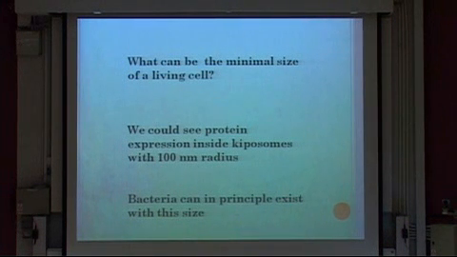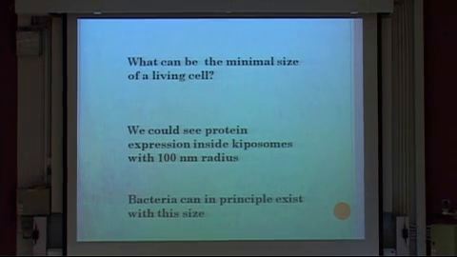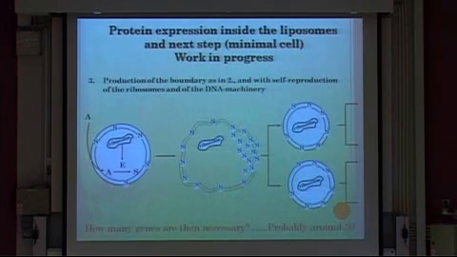And we addressed in this field a number of questions. One was, how small in terms of size can a cell be and still be capable of being a cell, for example, expressing protein. And we could scale down to 100 nanometer radius and still have protein expression.